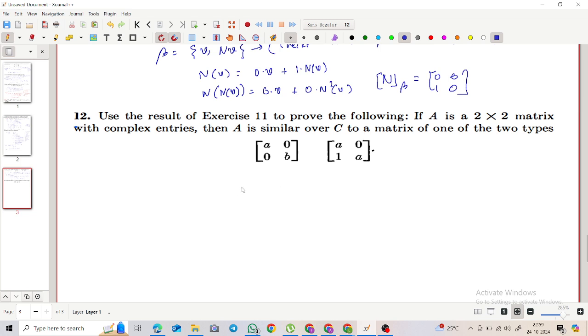Okay. So A is a 2 cross 2. To prove that if A is a 2 cross 2 complex matrix, then A is similar over C to a matrix of the form [lambda 1; 0 lambda] or a diagonal matrix. Okay.